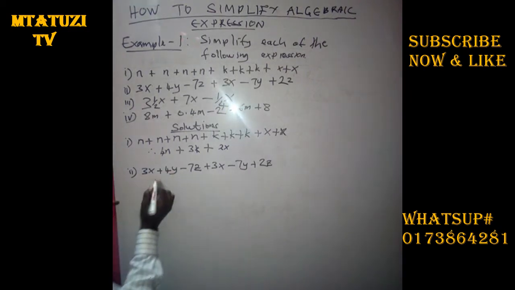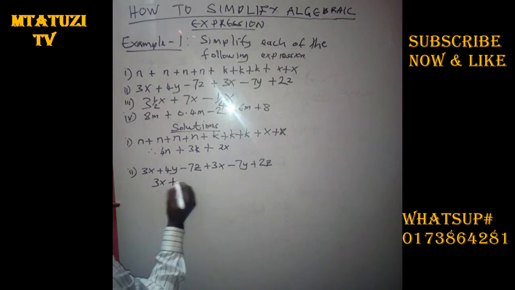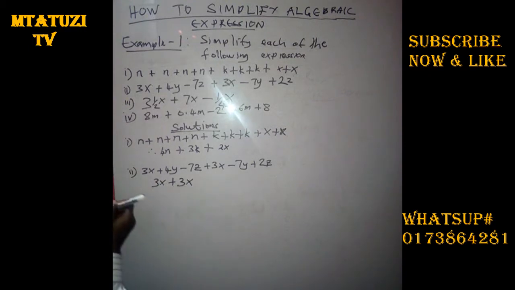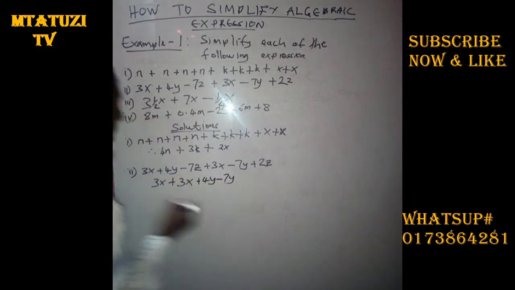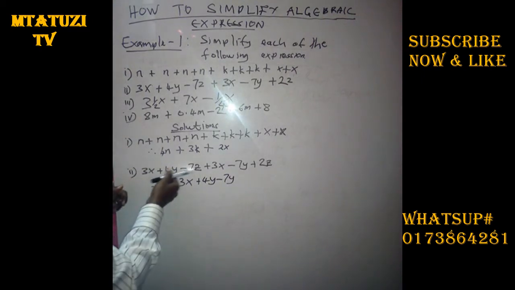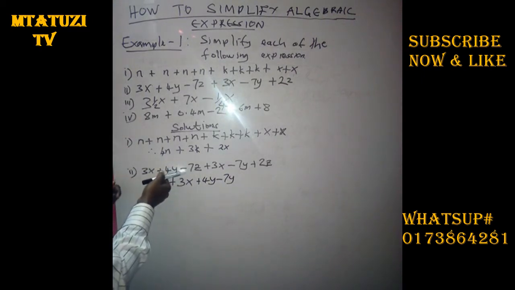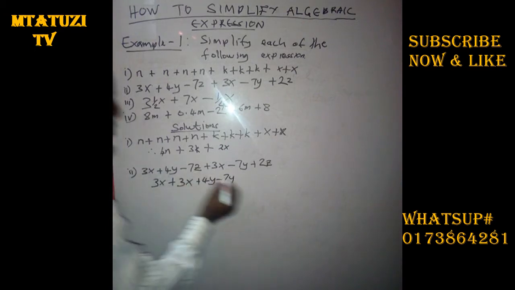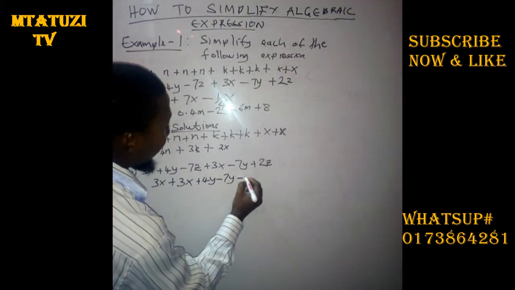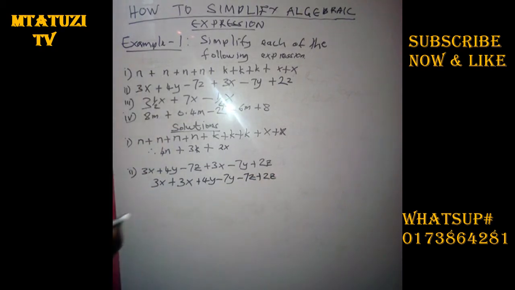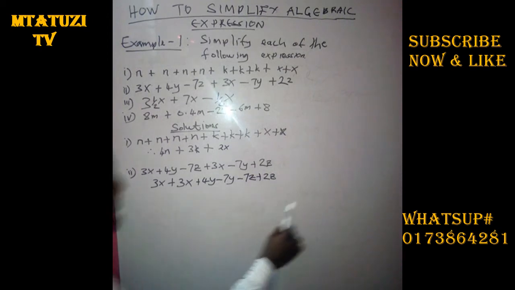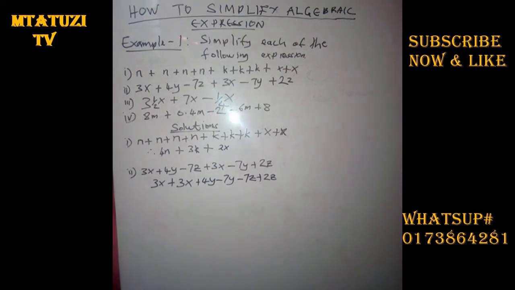So you take 3x plus 3x, and then 4y minus 7y, and then minus 7z plus 2z. Now you can simplify because you have arranged the like terms together.